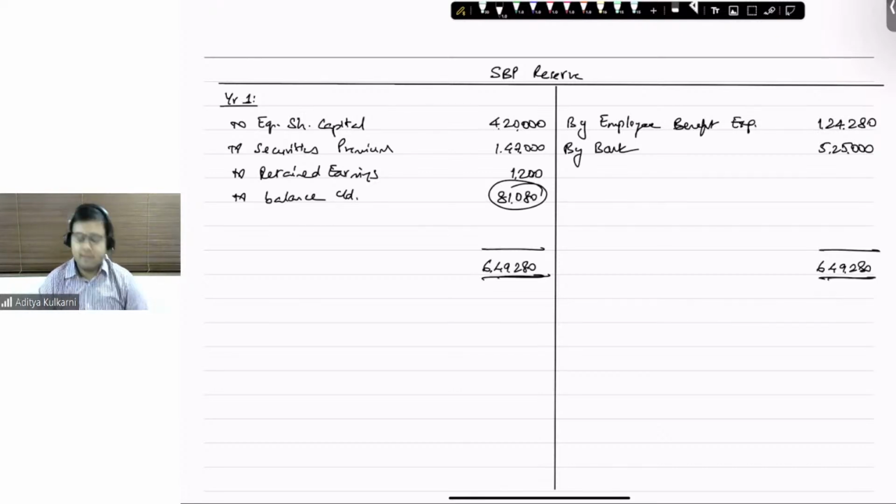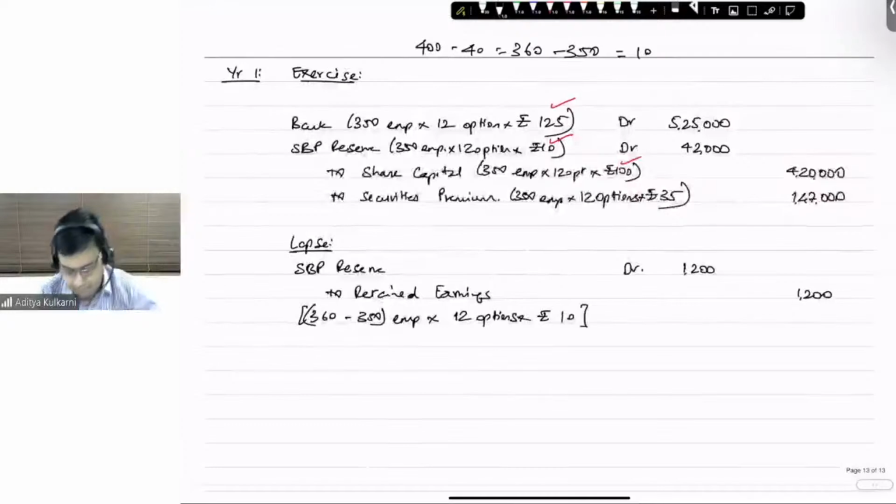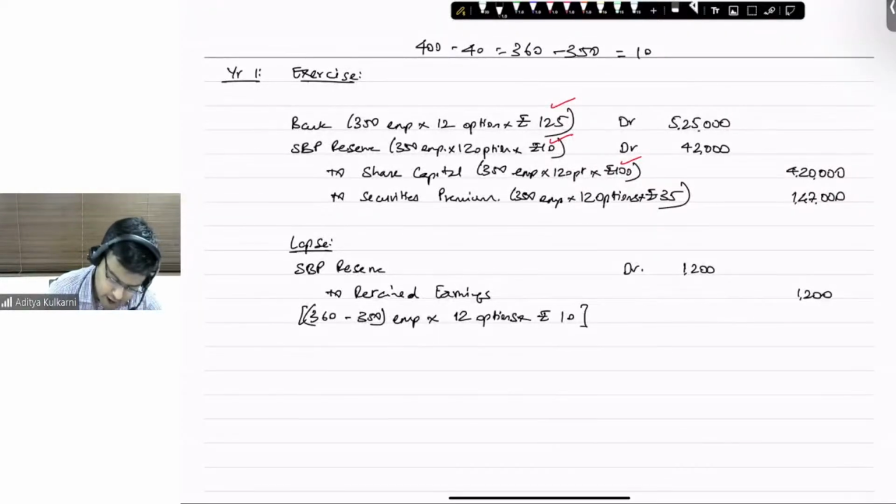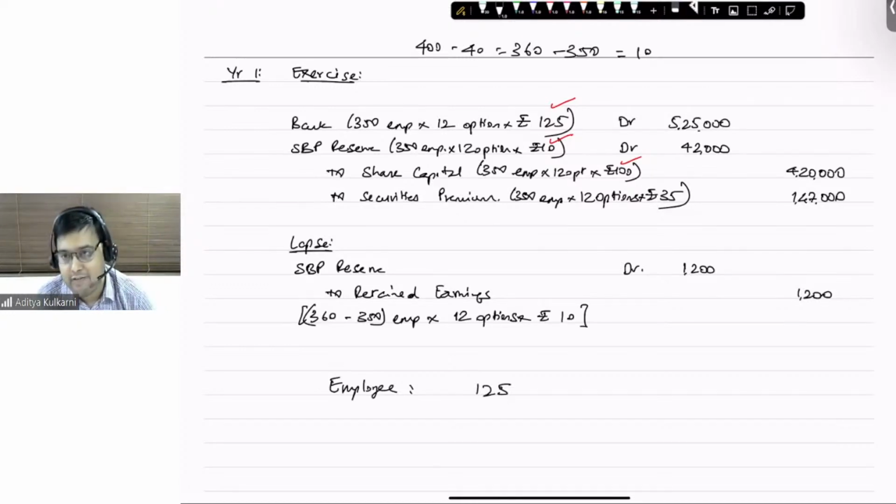Please explain securities premium. Why is it 35 and not 25? Understand. What is the employee giving? Sir, he is paying 125. Is he paying only 125? Just think.